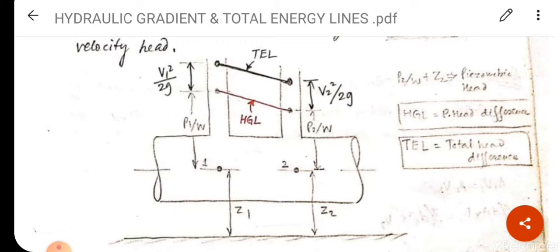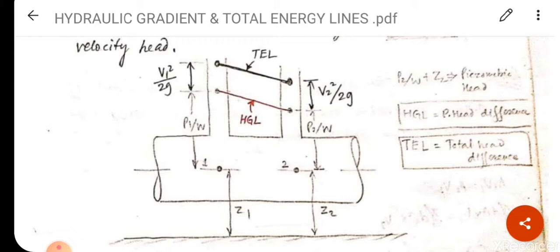Now we will move in the rightward direction. P2 by W plus Z2 will give you the piezometric head at point 2. So the difference between piezometric heads will give you HGL. Now we will discuss TEL, total energy line.